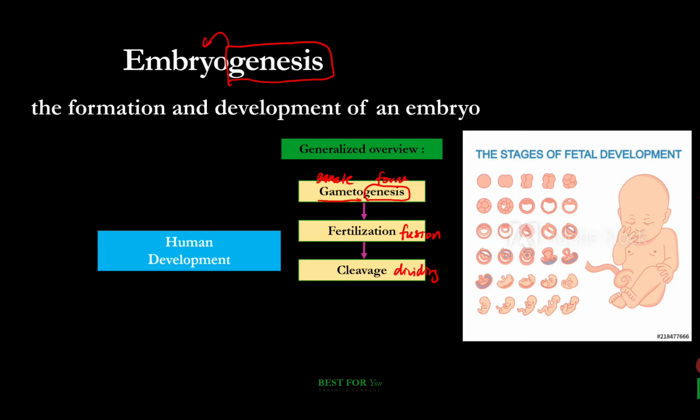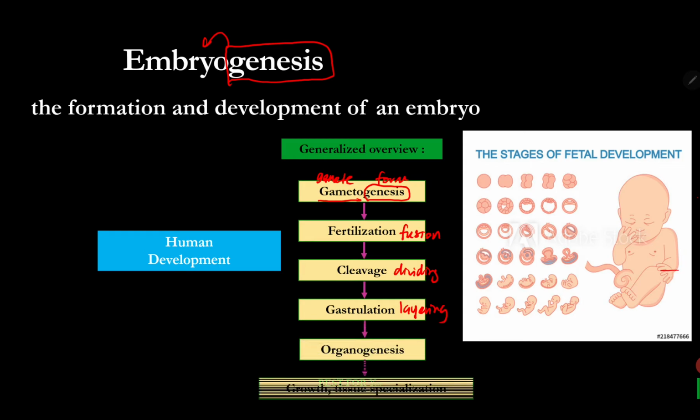After cleavage, there will be gastrulation, the layering, forming tissue layers, and finally organogenesis, forming organs. From the organs developed, we will continue growing. Through the growth, the tissue that develops within each of these organs will undergo specialization, so that means they have specific functions to conduct.